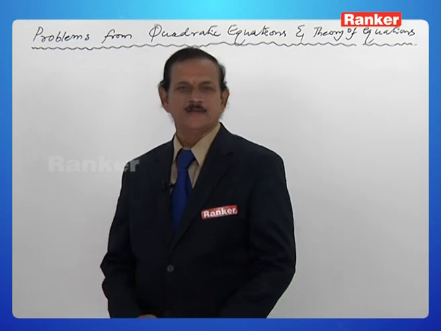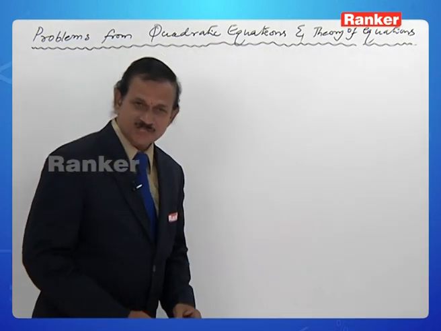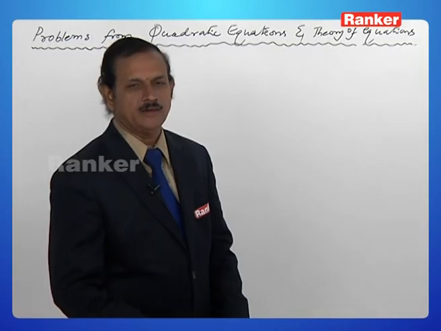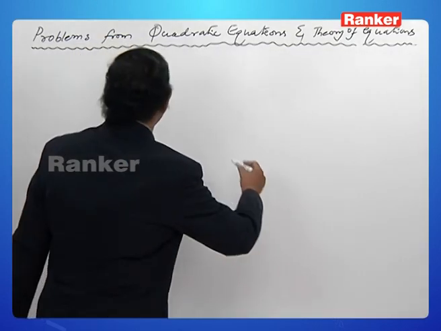Let us try. What are the options given? The first option is minus 54, second option is 54, third option is 27, and the fourth option is minus 27. Let us see. What is the given equation?